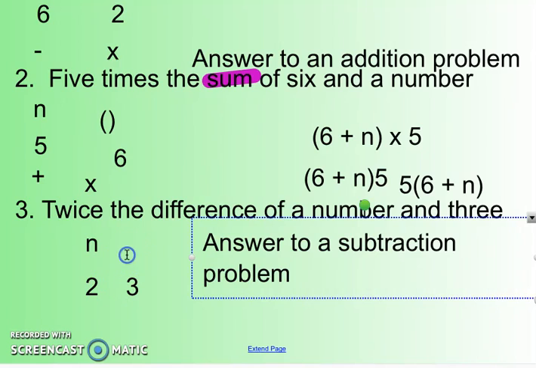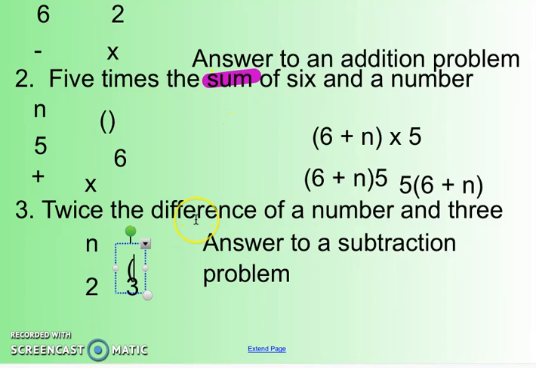Okay, so we are going to have, again, parentheses. I'm going to tell you right now that whenever you see the word sum or difference, those must have parentheses around them. The reason is that usually addition and subtraction are last in order of operations, but in this case we want them to be first.